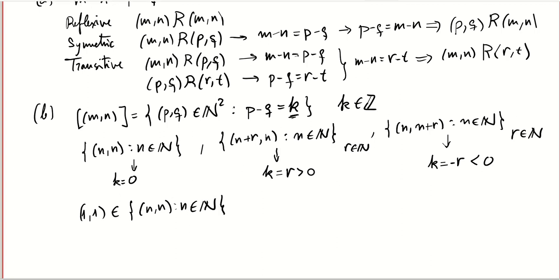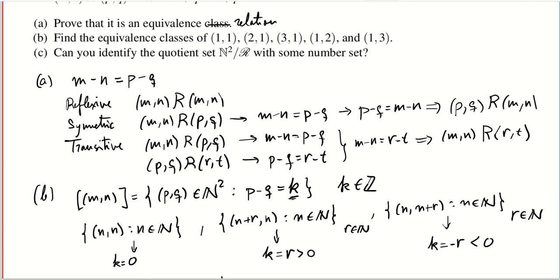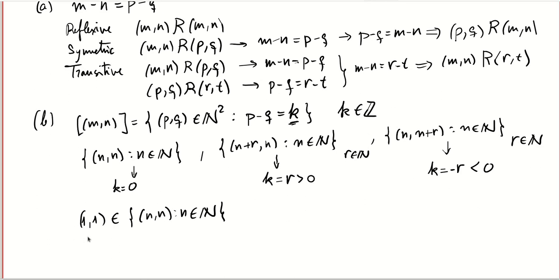That belongs to that. The second number, (2, 1), belongs to the class (m plus 1, n), because the difference is 1, positive, right? Okay, so it's of this type, right?